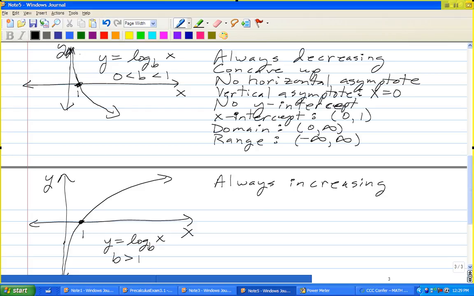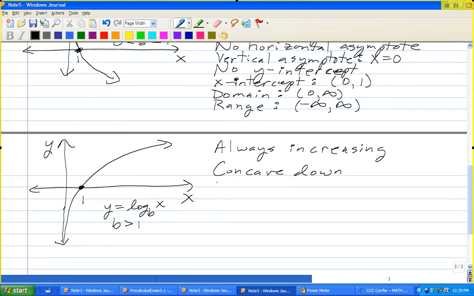It's concave down. It's increasing but at a decreasing rate. It has no horizontal asymptote.